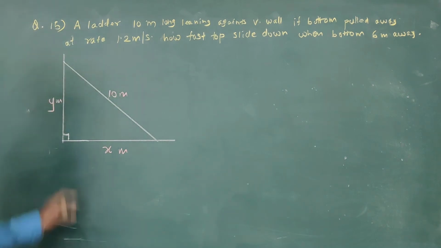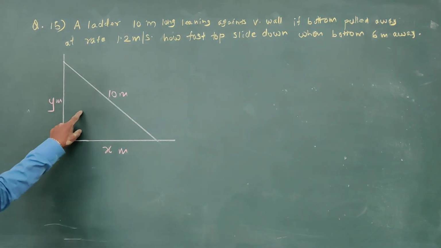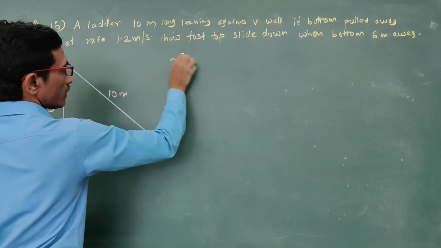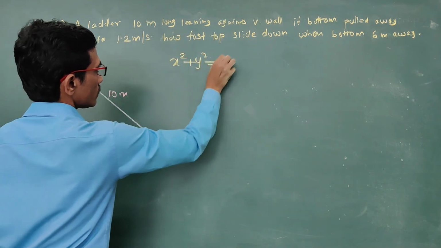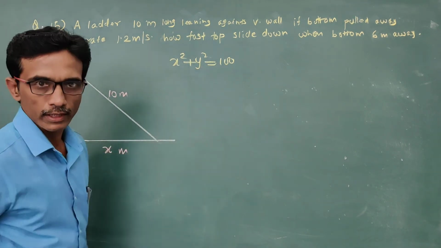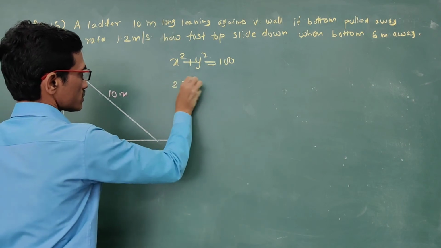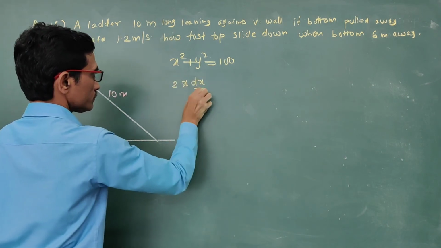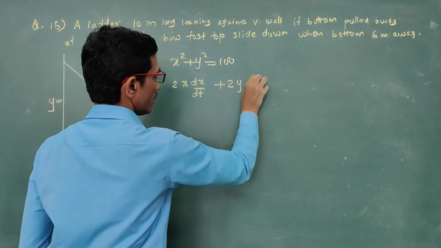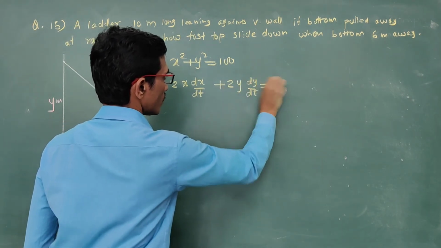So here a right angle triangle is formed. Therefore x square plus y square is equal to 100. Differentiating this with respect to t, it is 2x dx by dt plus 2y dy by dt, and that is equal to 0.